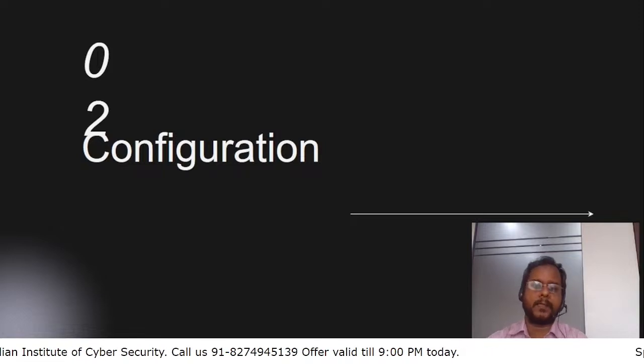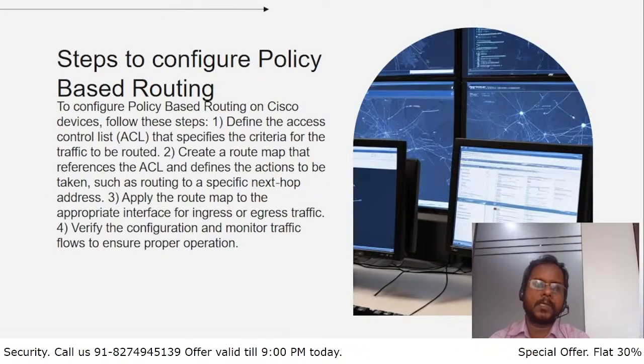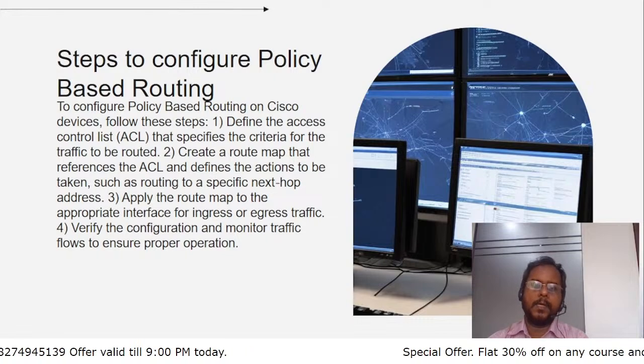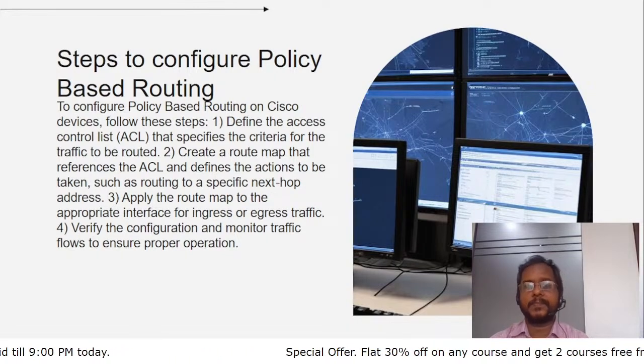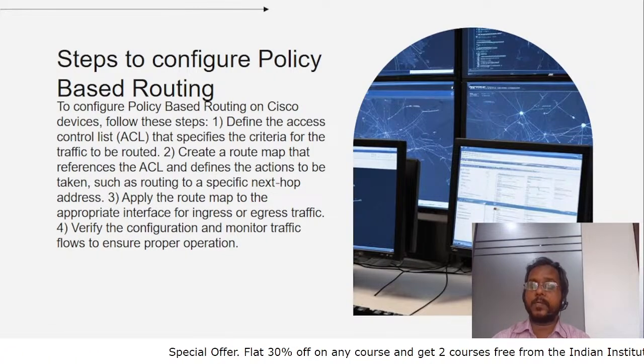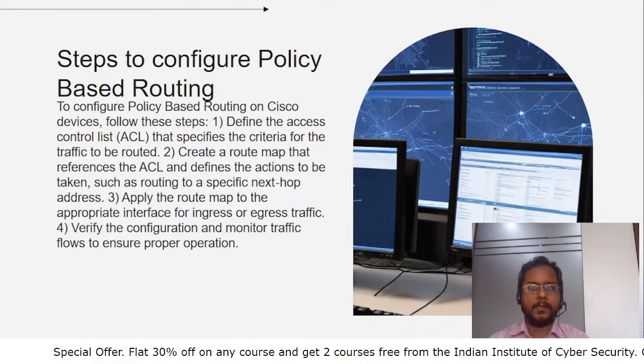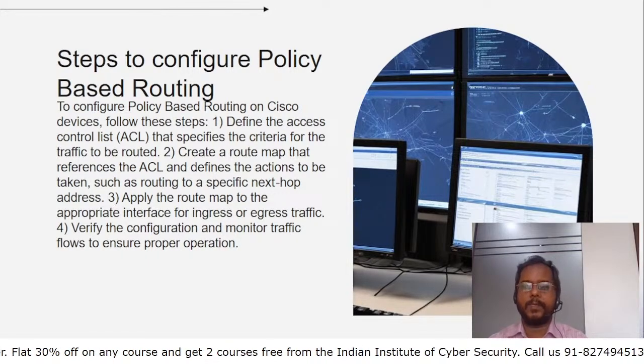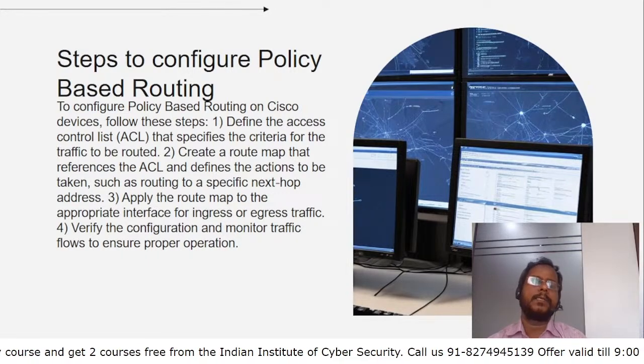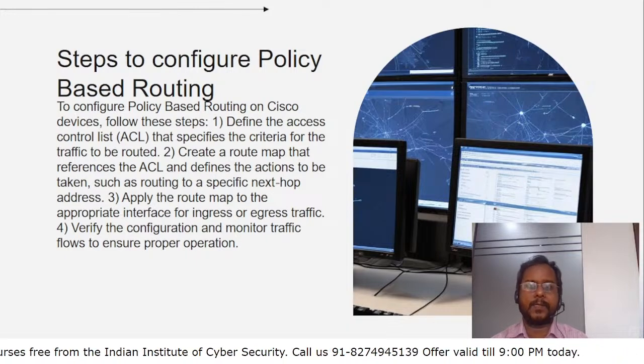Now, how to configure it? To configure policy-based routing on Cisco devices, you have to follow these steps. Number one, define the access control list first, because you have to allow your LAN and you have to define it in the access control list. And it should specify the criteria for the traffic to be routed.